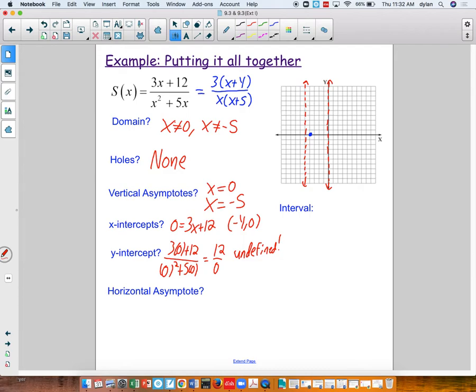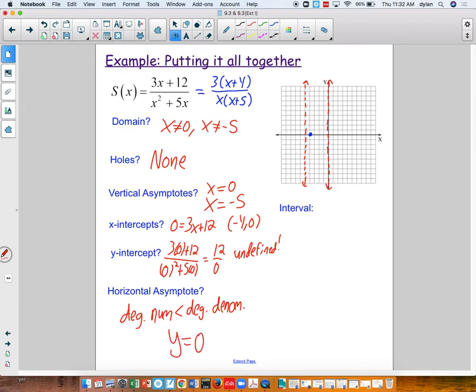So then the next thing here is the horizontal asymptote. If we look at this, we're in the situation where the degree of the numerator is less than the degree of the denominator. And we learned last lesson in 9.2 that that tells us that our horizontal asymptote has to be y equals 0.